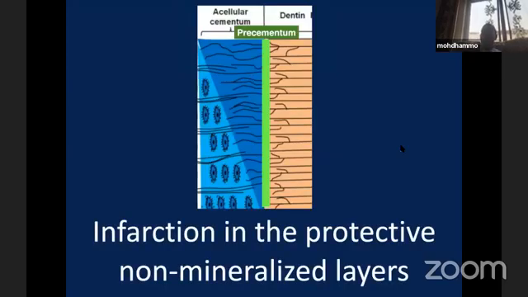And let's go back to cervical resorption. Remember, we talked about two layers which protect the dentine: the predentine from inside and the precementum from the outside. So if anything happens to the precementum, like injury or infection, this protective non-mineralized layer will be damaged.